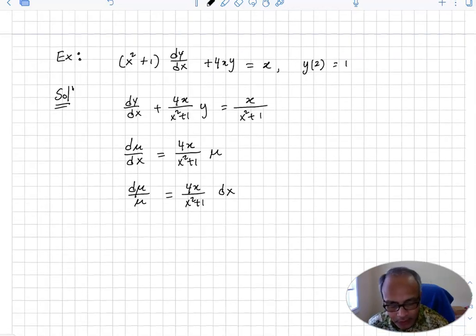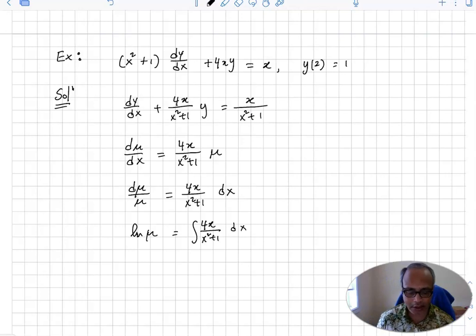So I solve this separable equation and integrate it: on the left hand side, ln of mu, and on the right hand side, you need a little substitution to solve this integral.